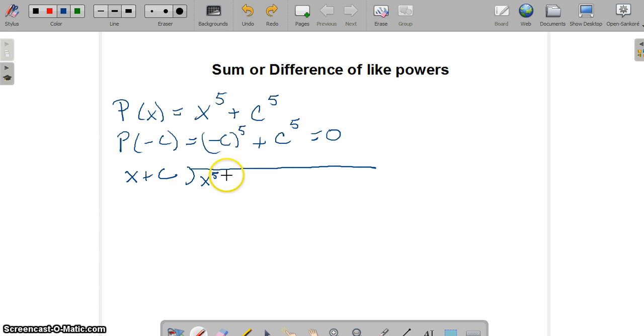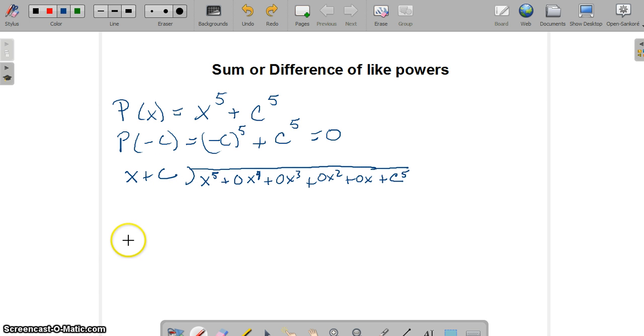You have to have some place values here for the 4th degree. You'd have to write something like x to the 5th plus 0x to the 4th plus 0x cubed plus 0x squared plus 0x plus c to the 5th. So you could do this long division, and if you would like to do that, by all means go ahead. I'm going to use synthetic division because I just think it's so much easier.